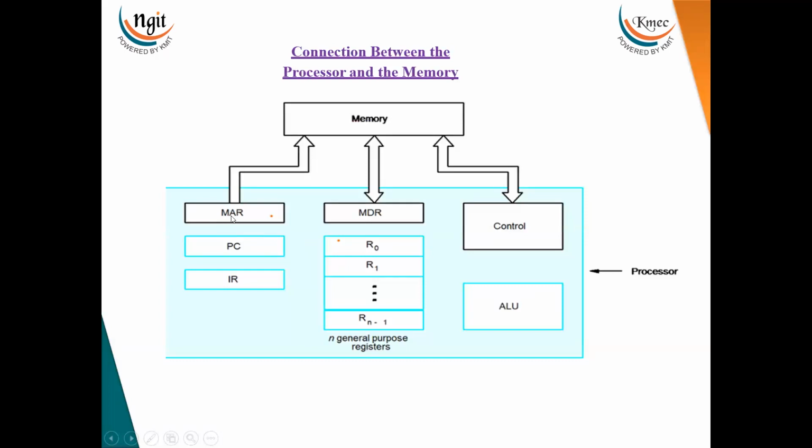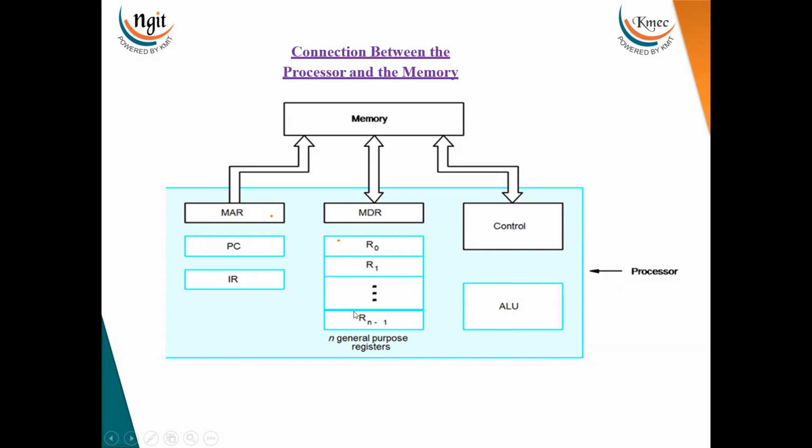MAR is a memory address register, and MDR is a memory data register. And this is the control unit. Already in the previous topic, I have explained that the control unit and ALU together we call a processor. Along with these two registers, many registers are there in the processor.